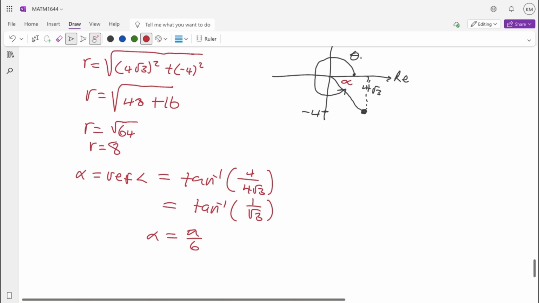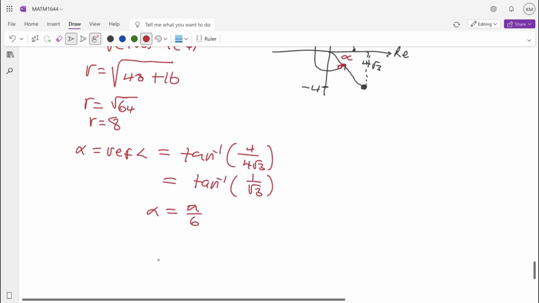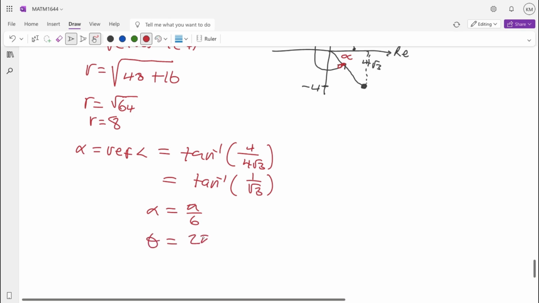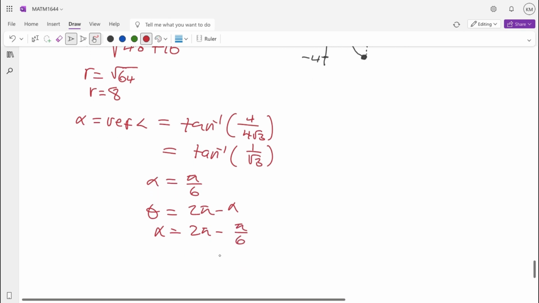Notice that theta, this angle up to here, plus this one form 360, a full revolution, that is 2 pi. So theta will just be 2 pi minus our reference angle, 2 pi minus pi over 6, which is 11 pi over 6.